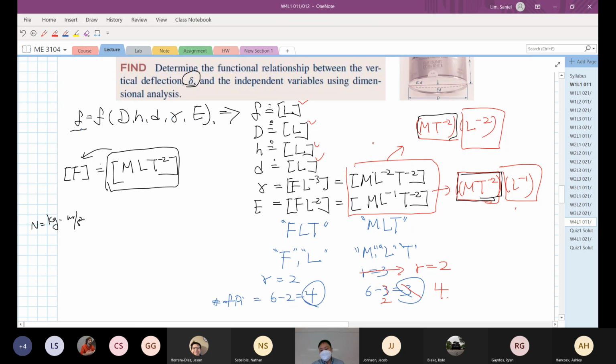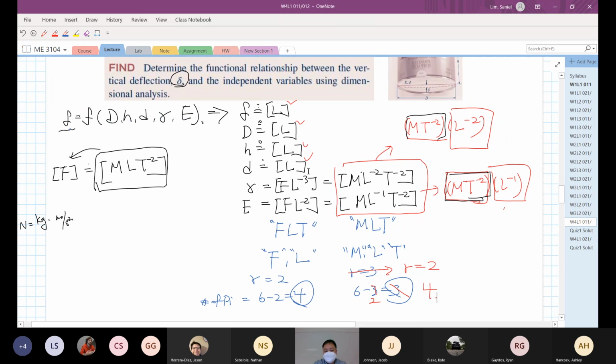So that's one of the take-home messages today. The number of basic dimensions can be different from the number of reference dimensions. It can be equal or less than the number of basic dimensions. It should not be exactly the same number. Of course, this is not that common though.